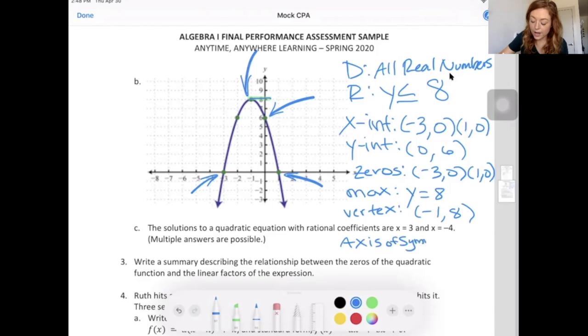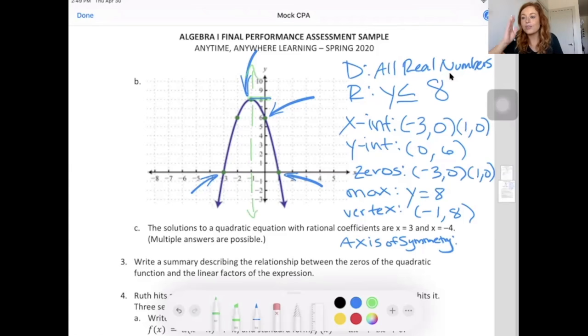And then the last thing it wants us to find is our axis of symmetry. Remember, our axis of symmetry is written as an equation of a vertical line. If you remember when we did HOY and VUX, HOY is for horizontal lines, but VUX was to teach us about vertical lines, V for vertical. So it is this invisible vertical line that cuts this parabola perfectly in half.